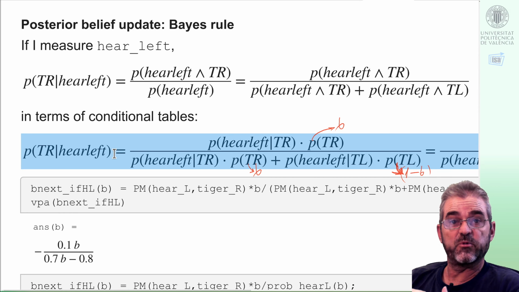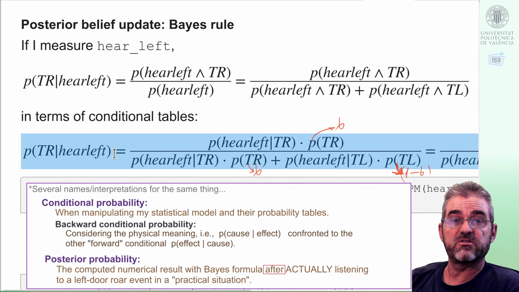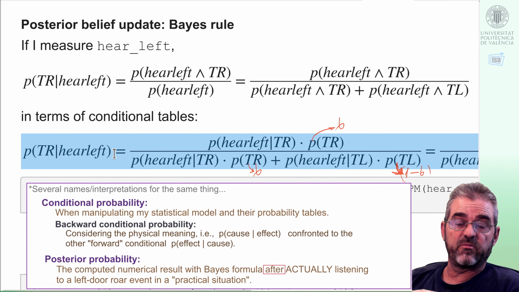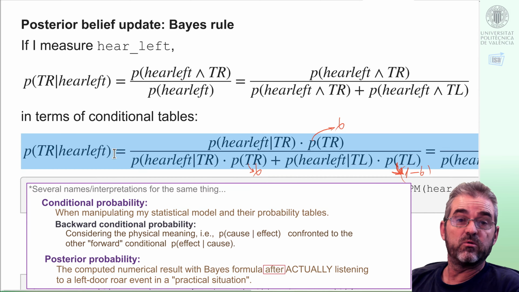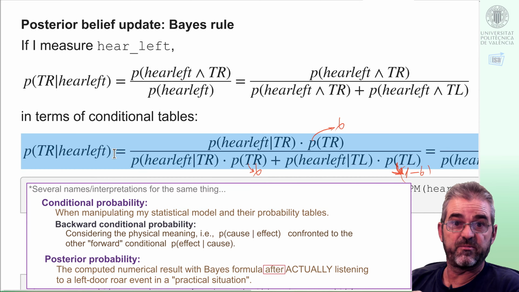However, apart from conditional probability, this also receives the name of posterior probability, if I think of this formula being applied after actually listening to a roar on the left-hand side door. Because indeed, if the condition holds, then the conditional probability is upgraded to a normal probability.